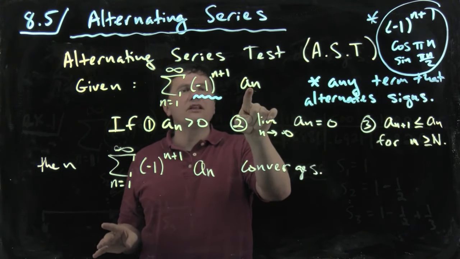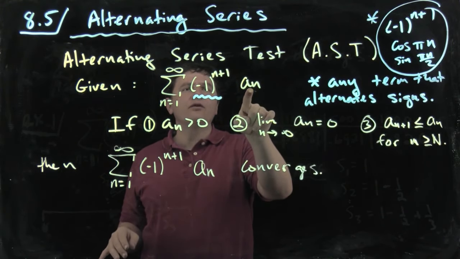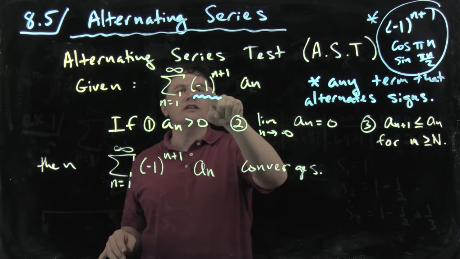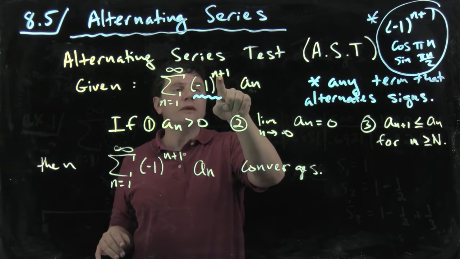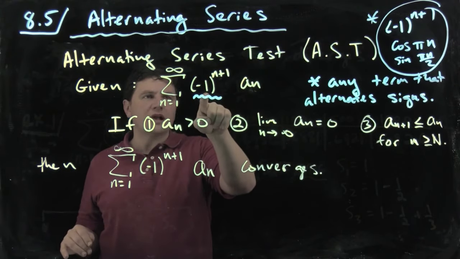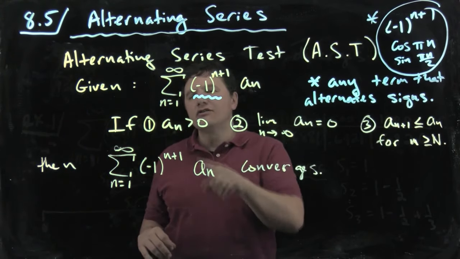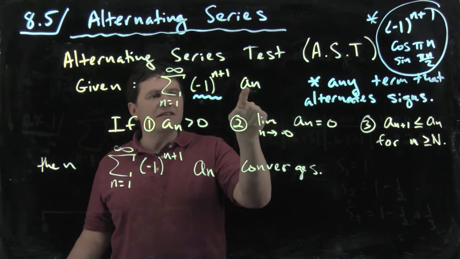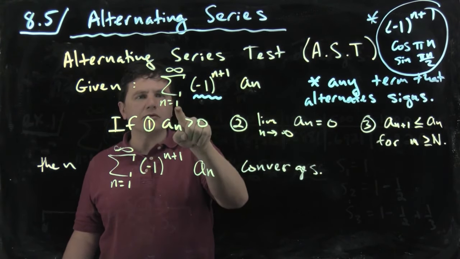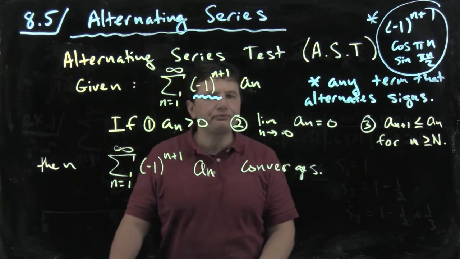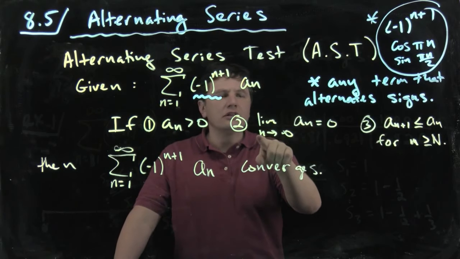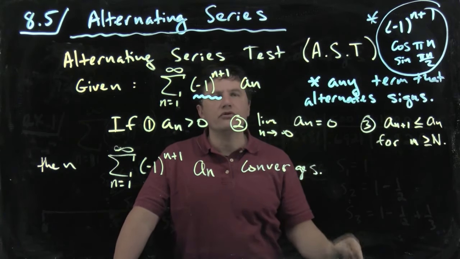We don't want something that counteracts this. For instance, if we had a term that ended up causing this always to be even or odd, then it could counteract that alternating effect. So we need that A sub n, that isolated part, to always be positive for at least the values greater than 1. The next thing is the limit of A sub n has to go to 0.